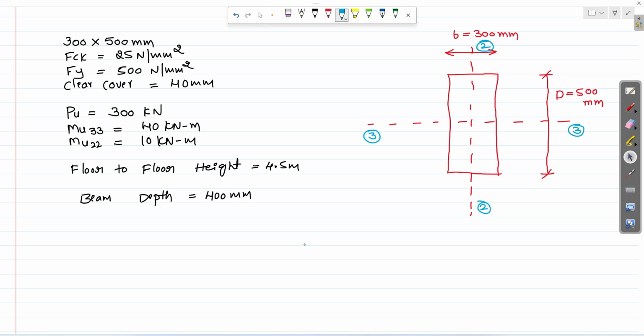So MU33, moment about 3, is 40 kilonewton meters, whereas MU22 is 10 kilonewton meters.